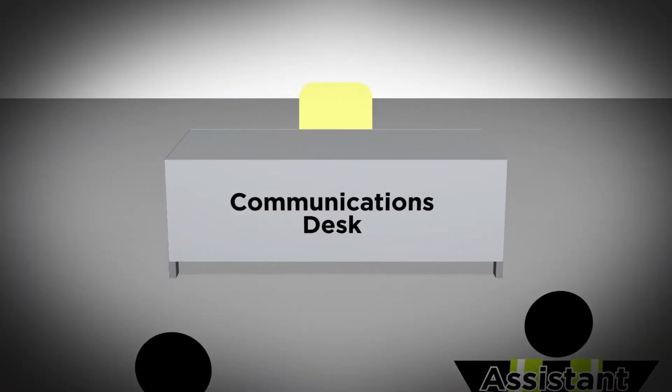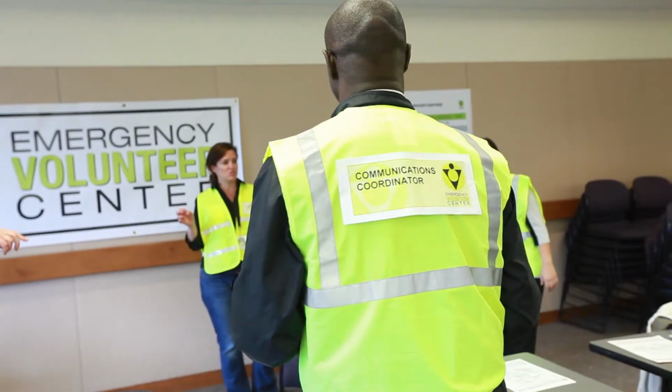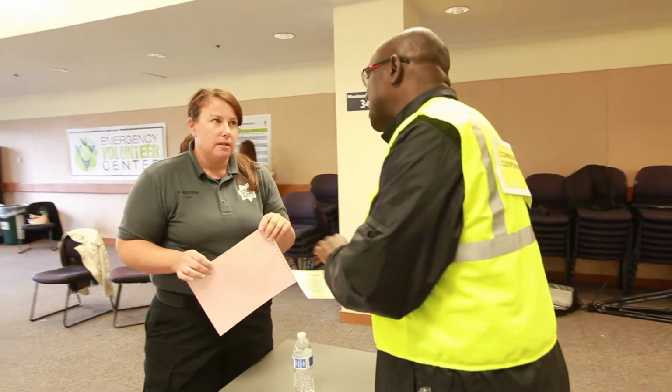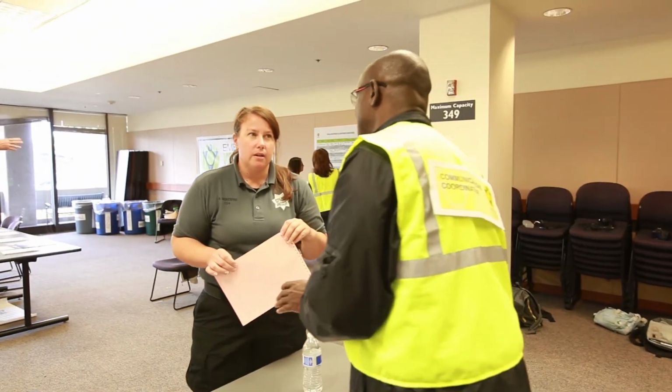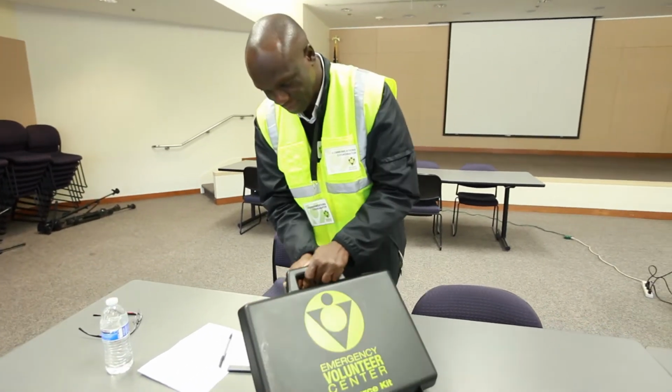data to your managers. The communication station serves as a central hub of information. This pivotal role is performed by the communications coordinator, who establishes all forms of EVC communication. Communication station is usually bringing outside information into an EVC manager.